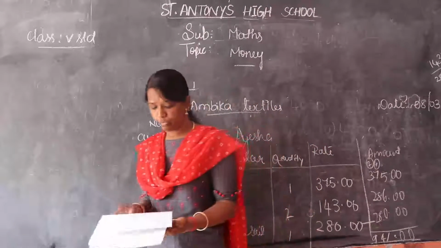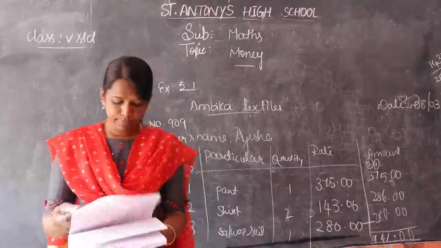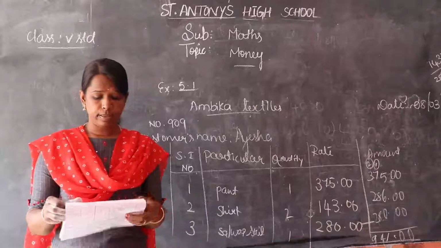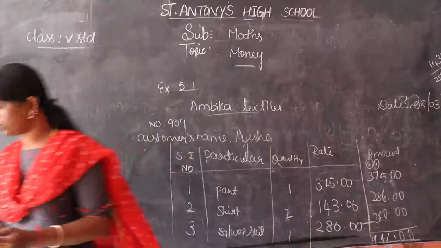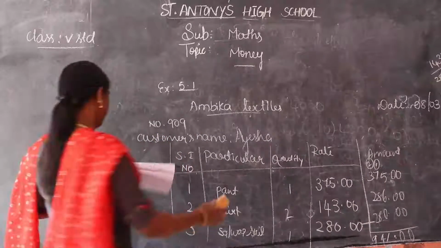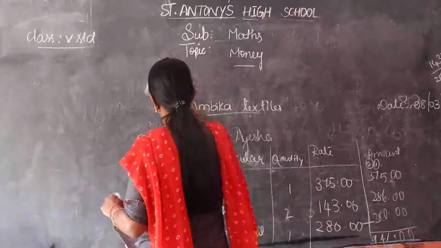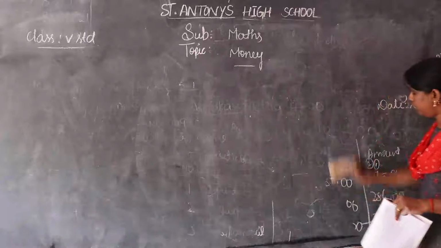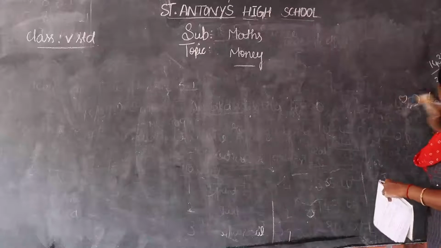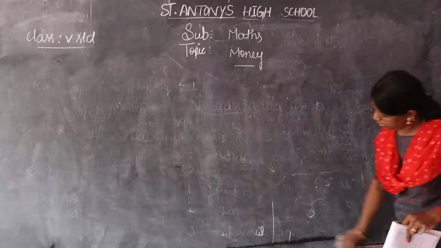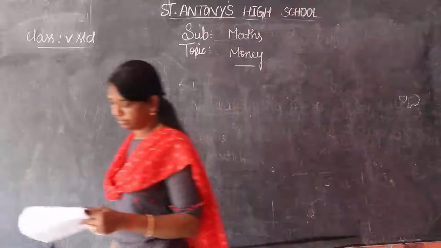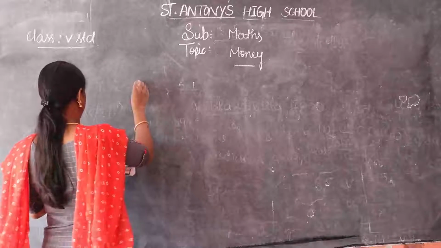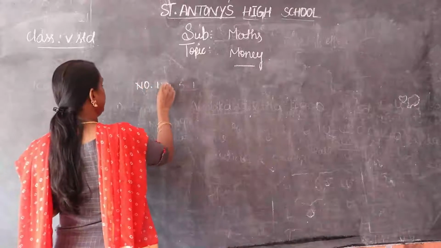Like that, this is how to fill these in the classroom. Here we can take an exercise sum, that is Rosie Fancy Store. Write down first the serial number and then the particulars. First, on the left side, the number 179.